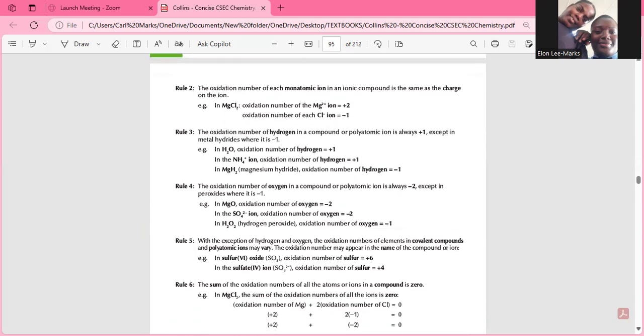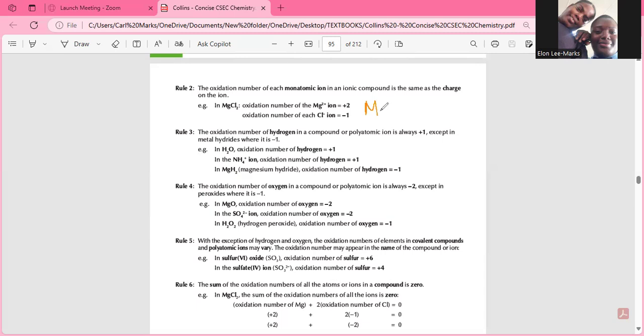the oxidation number of each monatomic ion in an ionic compound is the same as the charge on the ion. So we know that for magnesium and chlorine, let me get my pen, the charge on the magnesium ion. Nikki, what's the charge on the magnesium ion? This is Mg, right?